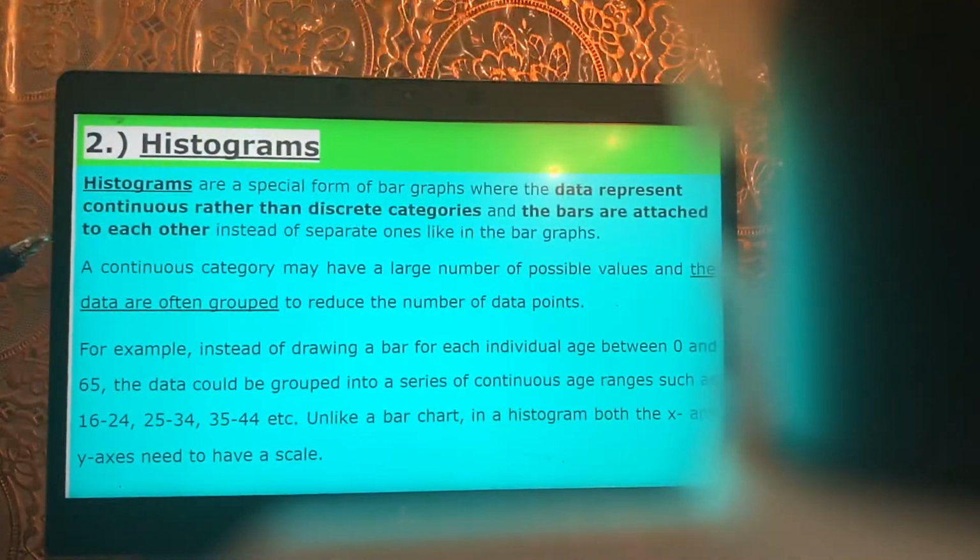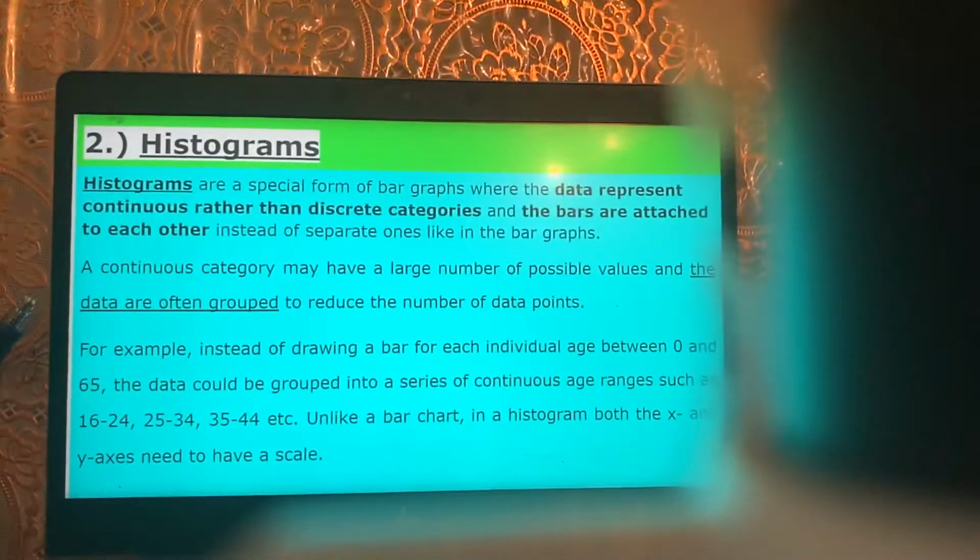Histograms are a special form of bar graphs where the data represented should be continuous rather than discrete categories. When we say continuous, that can be represented with decimals and even fractions, not discrete integer numbers. The bars are attached to each other, the other condition for a histogram, instead of separate ones like the bar graphs.